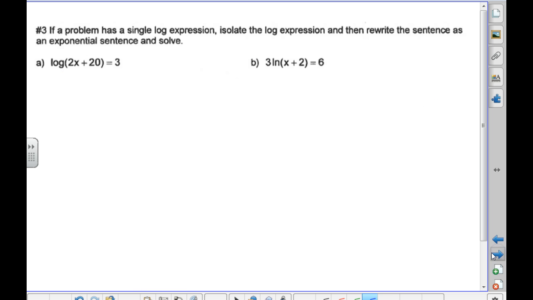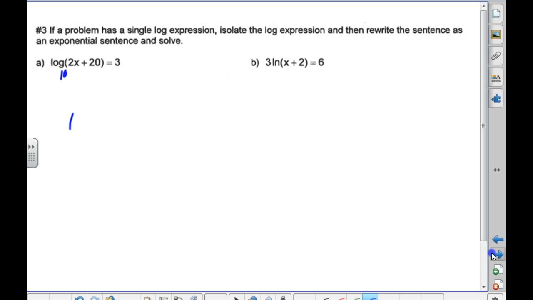The next option is you can have problems that have log one time. Now, this problem is taught differently if you have Ms. Abruzzo versus me. I will talk about both. I just talk about rewriting this as an exponent problem, because what's the base right now? 10.